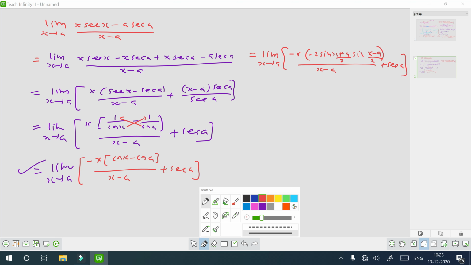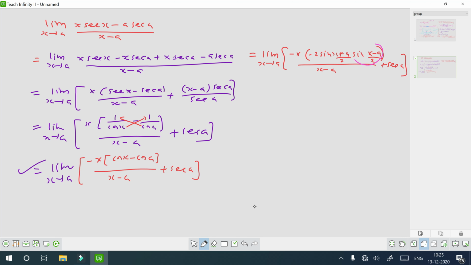Now once again, we need sine theta over theta. Clear? Take this 2 here, over 2. So please see here: other than this part, the remaining parts are limit x tends to a of x sine (x plus a)/2, into limit (x minus a)/2 tends to 0 of sine (x minus a)/2 over (x minus a)/2.